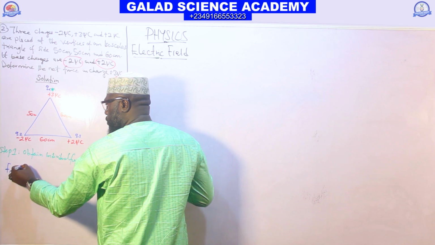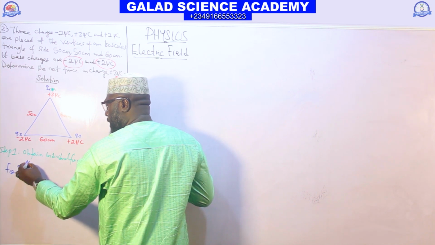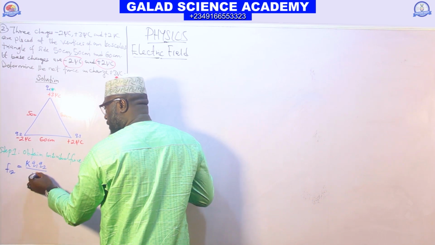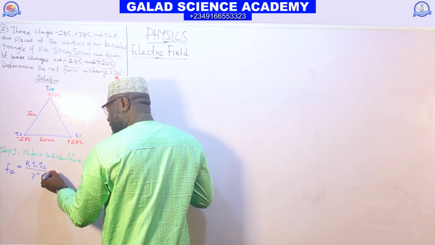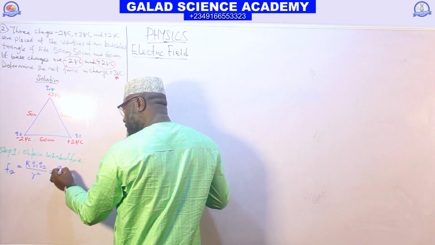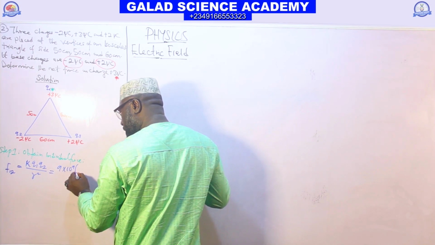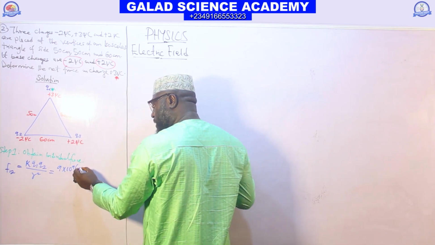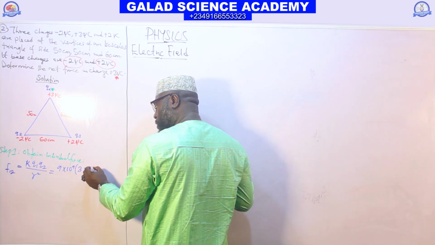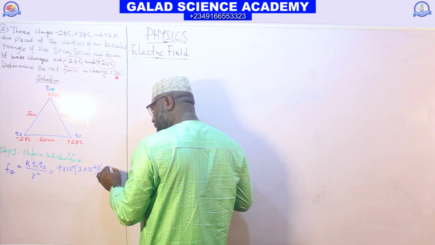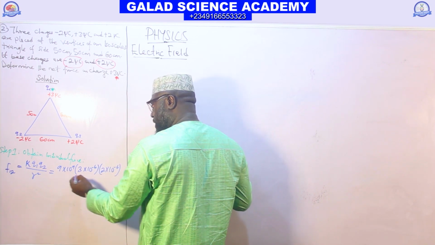F12 equals K Q1 Q2 over r squared. By applying this, K is 9 times 10 raised to the power 9. Q1 is 3 times 10 raised to the power -6. Q2 is 2 times 10 raised to the power -6.